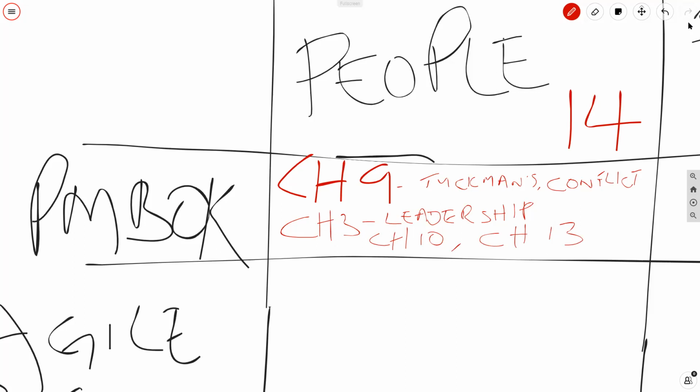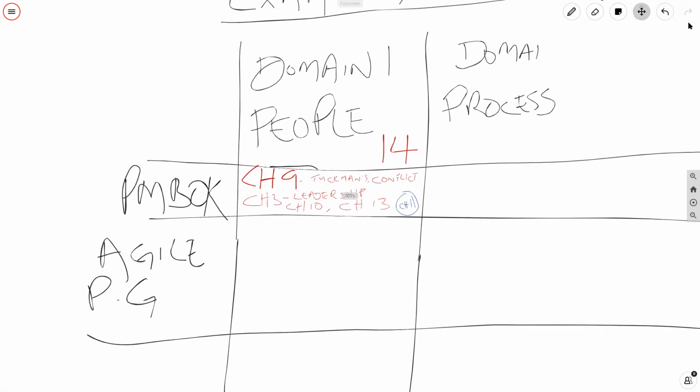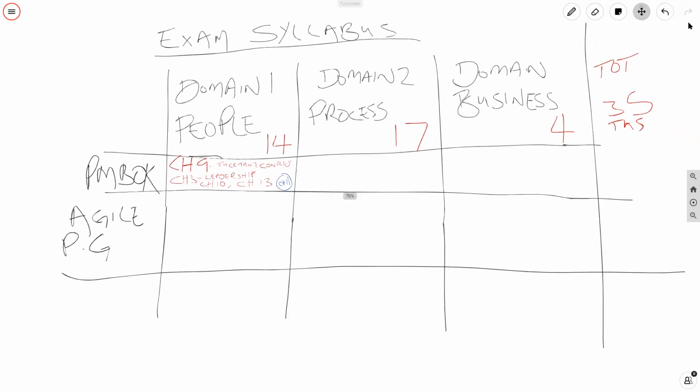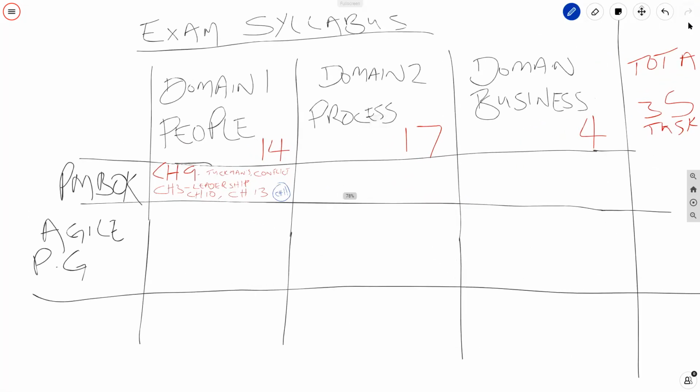For example, I'm going to put this in blue because it's not as pronounced. Chapter 11 is where we talk about risk, but there's a lot of human interaction here. Get it? So when you're taking a look at this syllabus, don't get frustrated. Frustration won't do much good. You just need to hunker down and dig for the gold. Find out where it is.